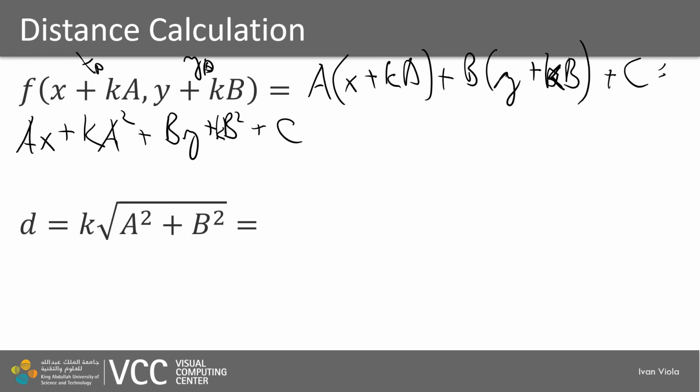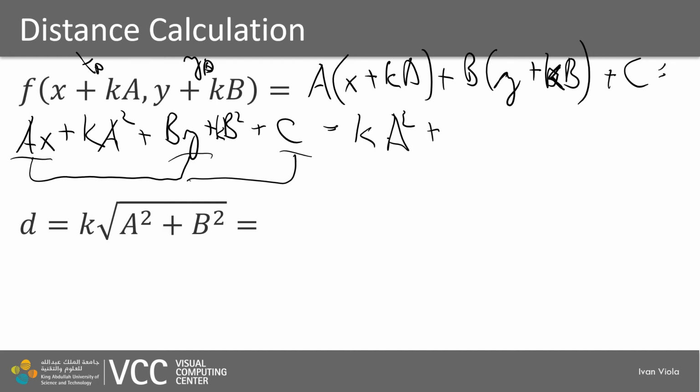And what do we see here? Here is ax, by, and c. What is this? This is actually 0, because this is the point which lies on the line, and its functional value will be 0. So what remains is k times a squared plus k times b squared, and this equals k times a squared plus b squared.